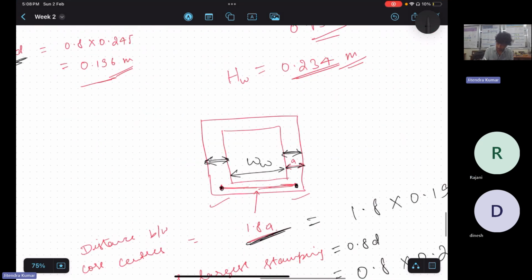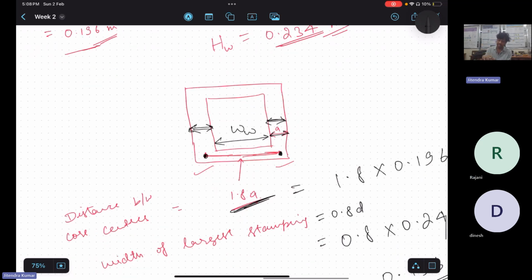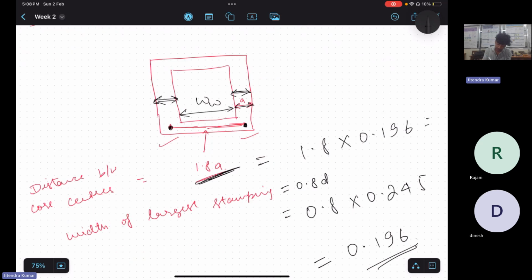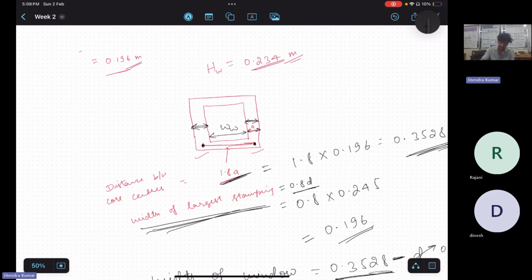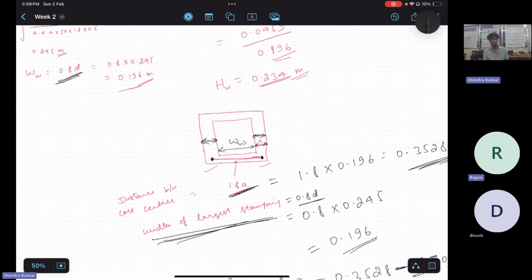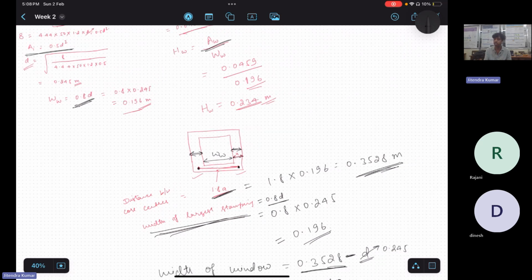With the help of these equations, we can calculate the width of the largest stamping, which is again given as 80% of the diameter of the circumscribing circle. So you have to use all these 4 or 5 informations to get accurate results. I hope you will get it once you try on your own after the end of the session. If there is still any doubt, we can again discuss in the next week.